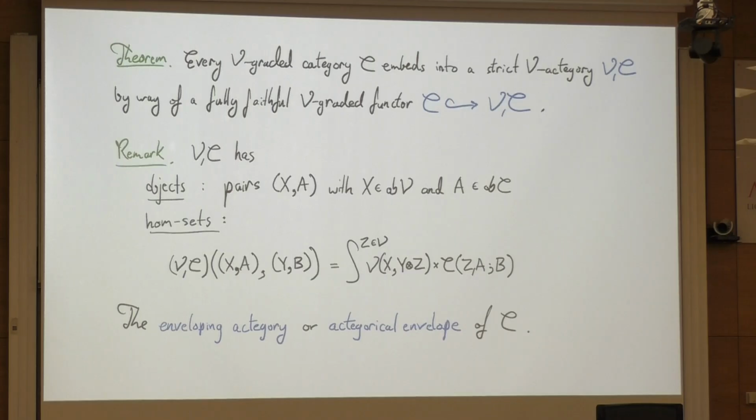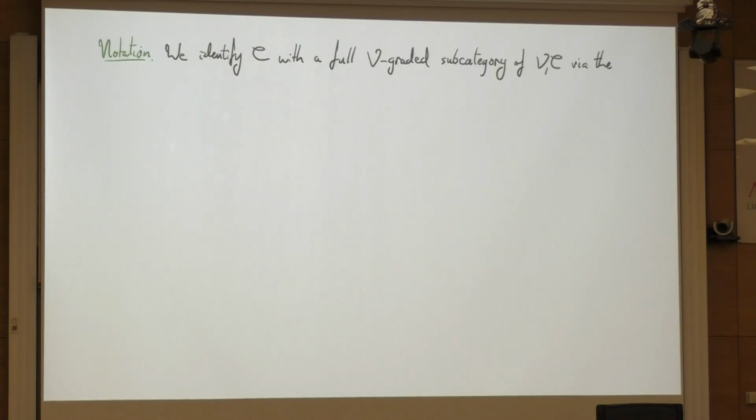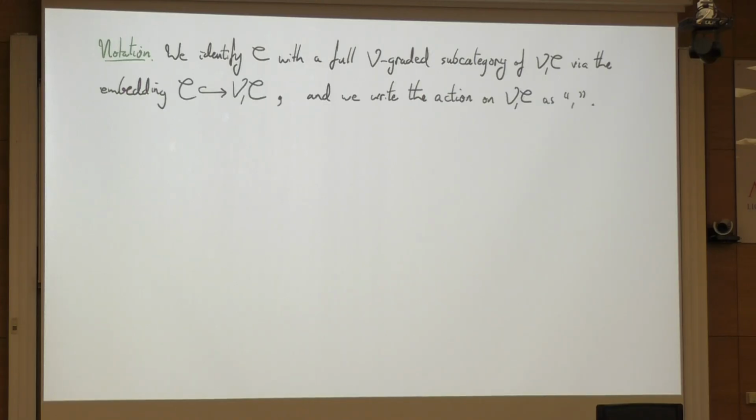And I'll use a name for this, the enveloping category or categorial envelope of C. And this ends up being quite convenient. Notation-wise, we'll identify C with a full V-graded subcategory of this category, V-tic-C, via the embedding.